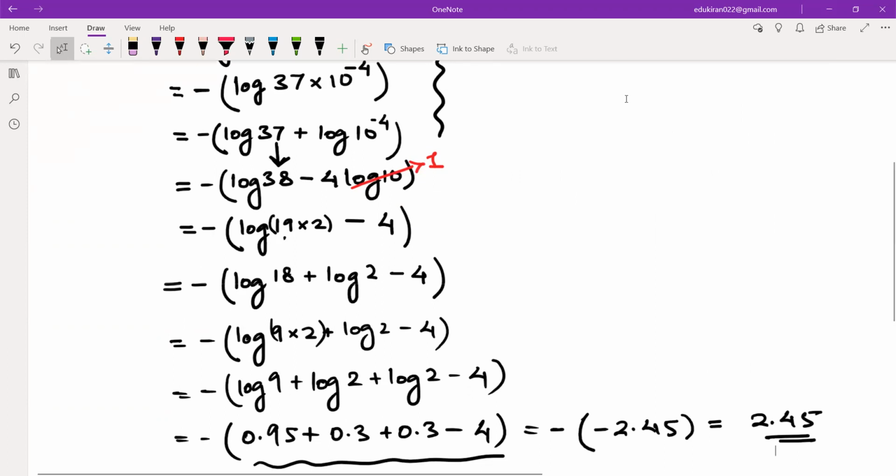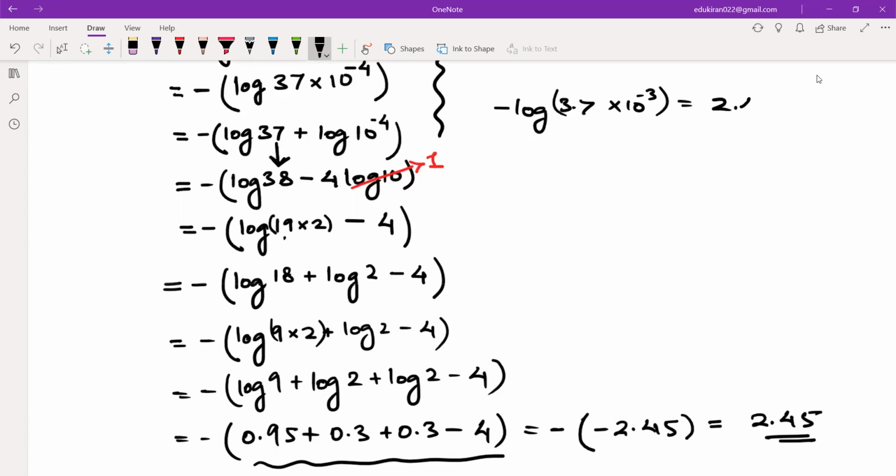So if I use the calculator, minus log of 3.7 into 10 to the power minus 3, this is equal to 2.43. So as you can see, the difference is not much, right?